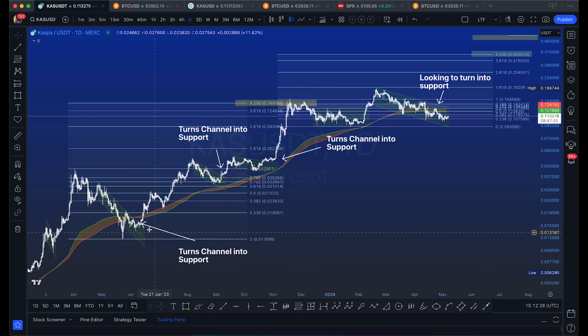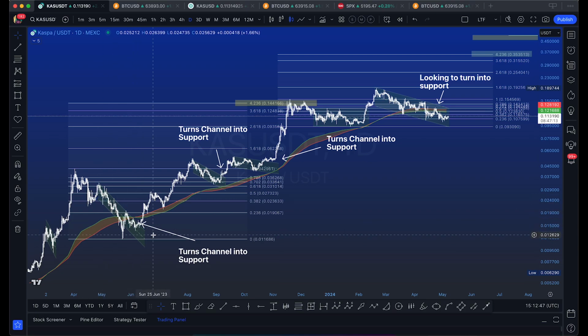As you can see, we had a descending channel here, and it broke down below and then got back up. And you can see all the touch points. So even though it did fall out of it, it did still respect many of the points of this channel.